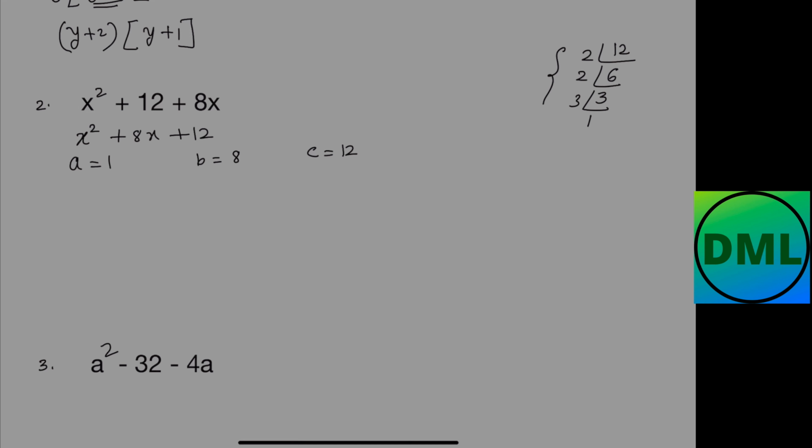I need to use all of them, multiply them in such a way that after adding or subtracting, I should get plus 8x. Let's do it. If I multiply 2 times 2 and 3 separately, my answer is 4 here and 3. If I add them, 4 plus 3, my answer is 7, not 8. I need 8. If I subtract, my answer is 4 minus 3 is 1.